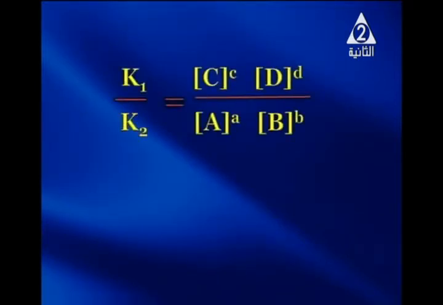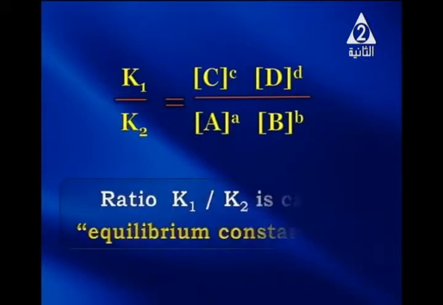By putting the constants on one side and the concentrations on the other side, we reach the following relation: K1 over K2 equals the concentrations of substances C and D, each raised to the power of the number of their moles in the balanced equation, over the concentrations of substances A and B, each raised to the power of the number of their moles in the balanced chemical equation.